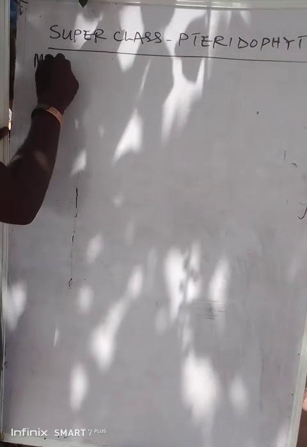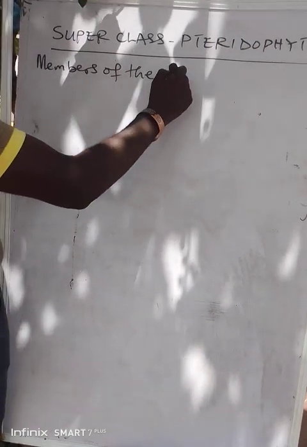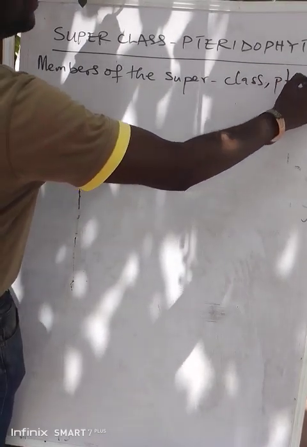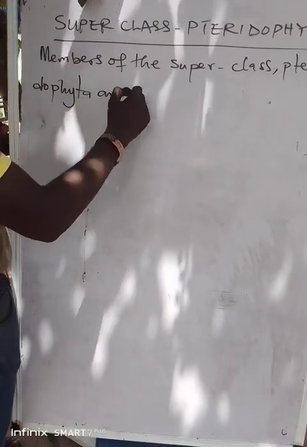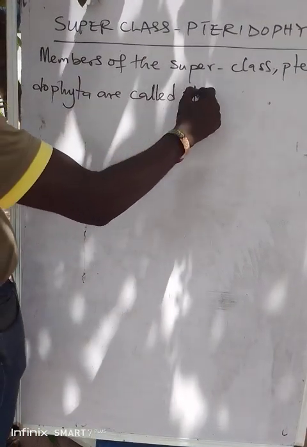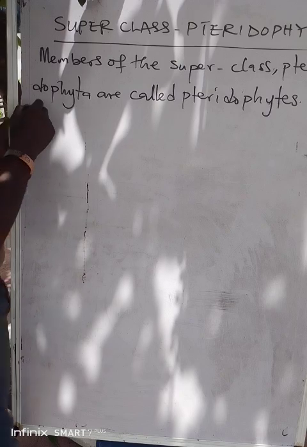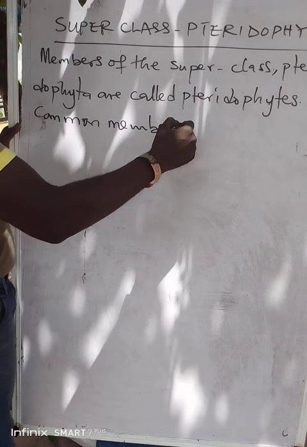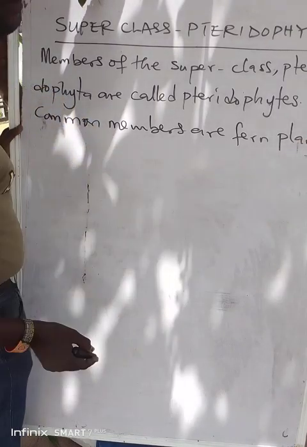Members of the superclass Pteridophyta are called pteridophytes. Common examples are fern plants.